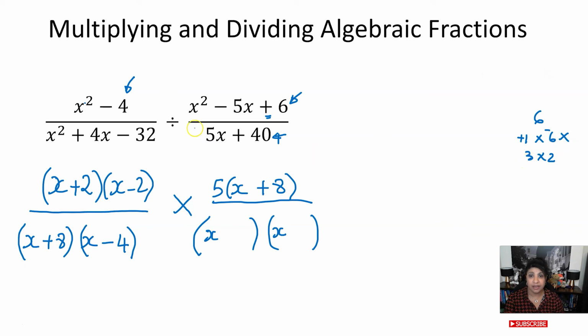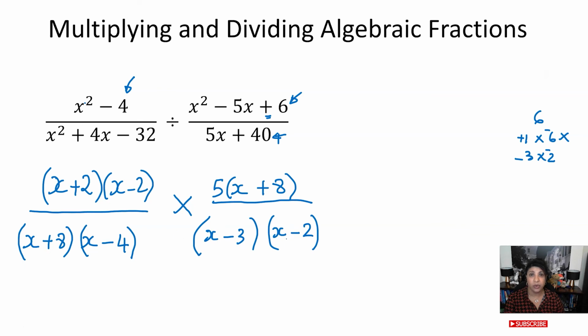I need to get negative 5. So that means this needs to be negative and that one is negative. That's the only way I can get a negative 5. Now if I do negative 3 times negative 2, that will give me positive 6. So what goes in here is x take away 3 and x take away 2.